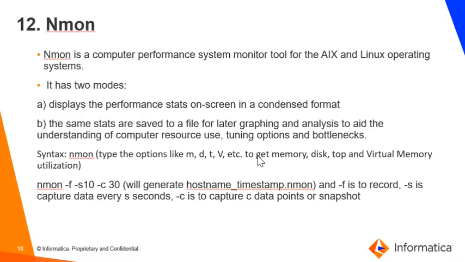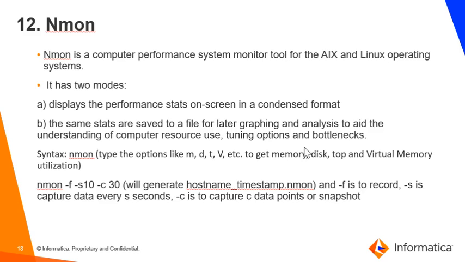The 12th command of our discussion is nmon. Nmon is a computer performance system monitor tool for AIX and Linux operating systems. It has two modes. First, it displays the performance stats on a screen in a condensed format, and the second one, the same stats are saved to a file for later graphing and analysis to aid the understanding of computer resource use, tuning options, and bottlenecks.